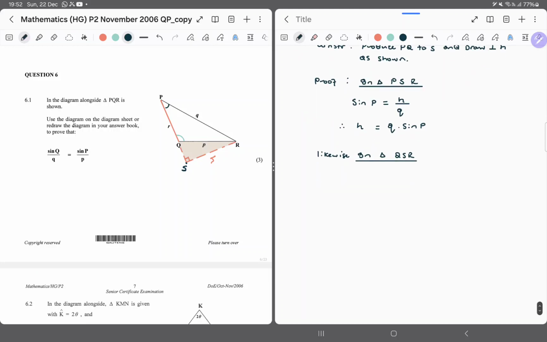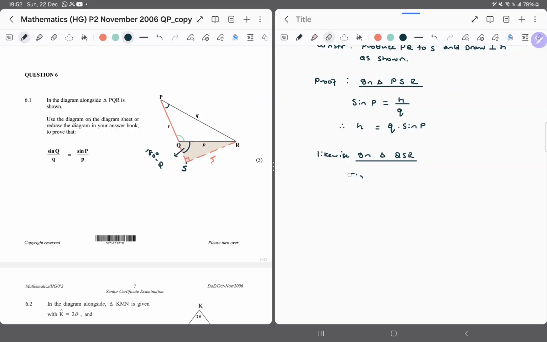We know that essentially sine of, by the way, this angle, we need to identify it, guys. I forgot to mention that. We need to calculate that angle. So we know that this angle is going to be 180 degrees minus Q, because Q is that angle on the inside.